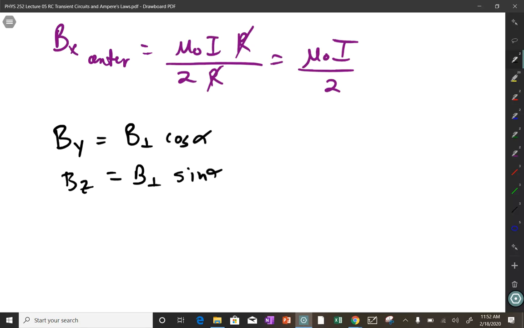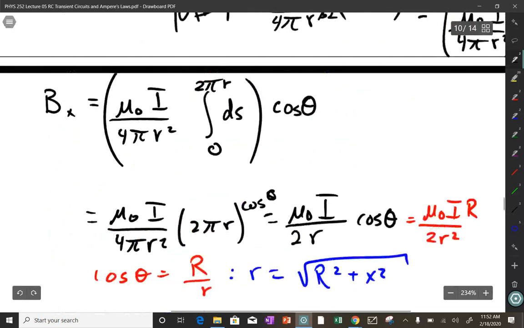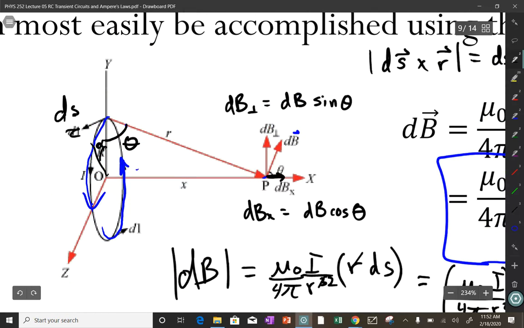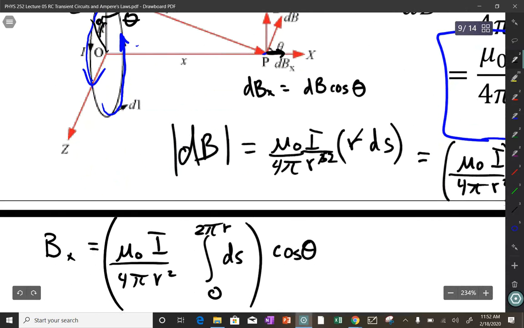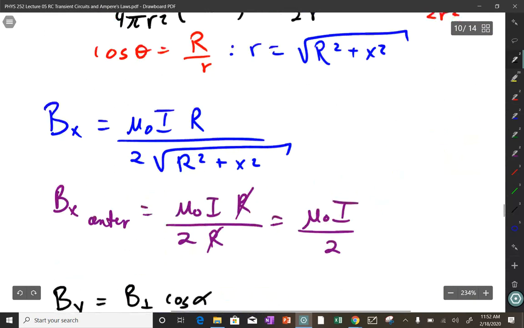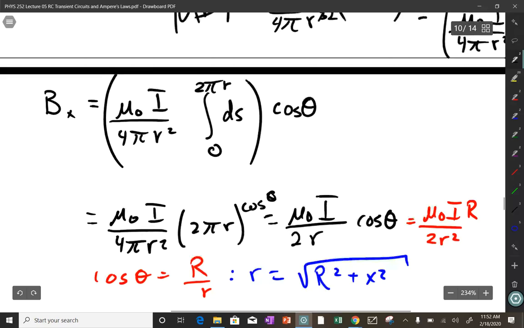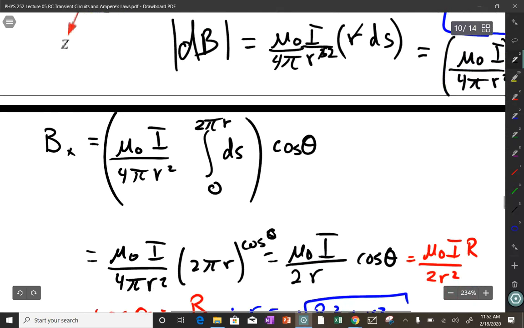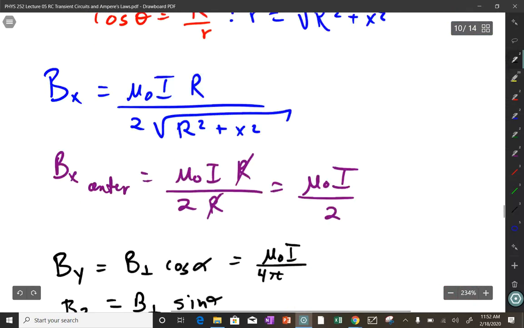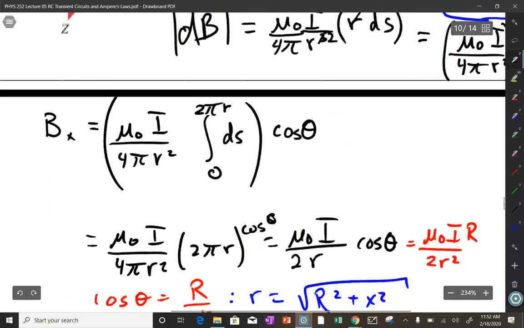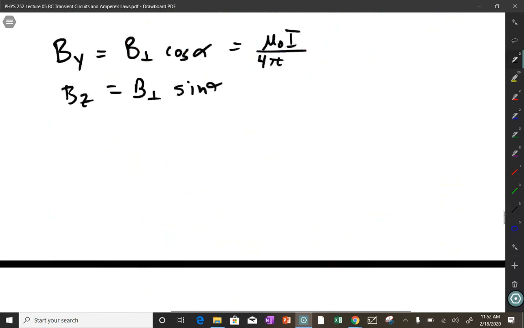And so I can put in my B perpendicular equation from here, dB sine theta, where dB is this stuff. So that's equal to over 4 pi, that's the magnitude.